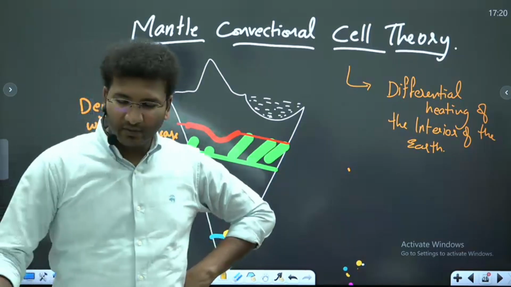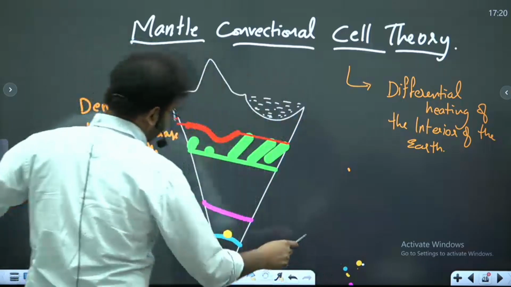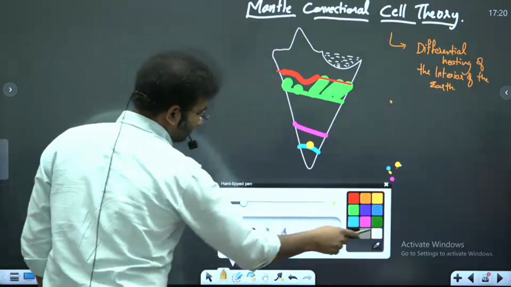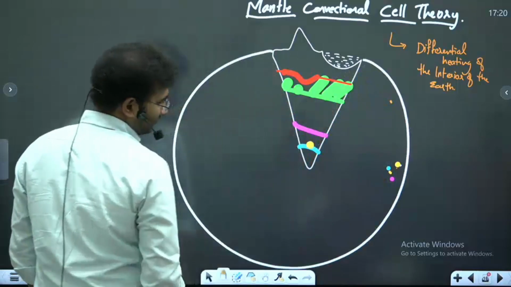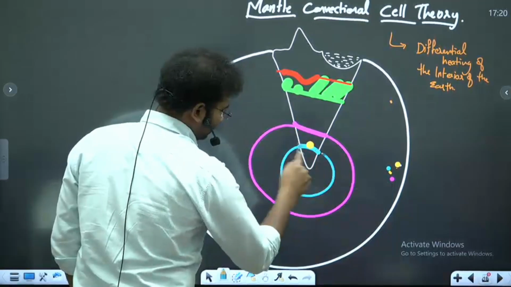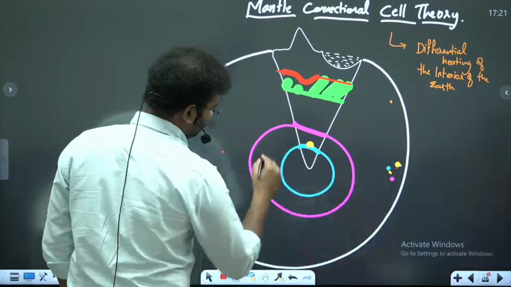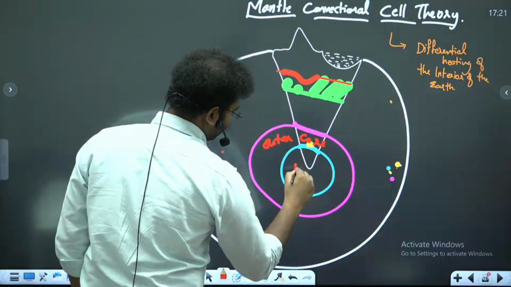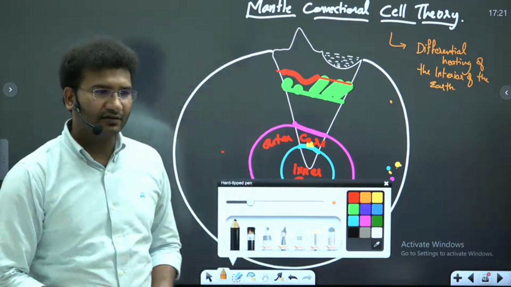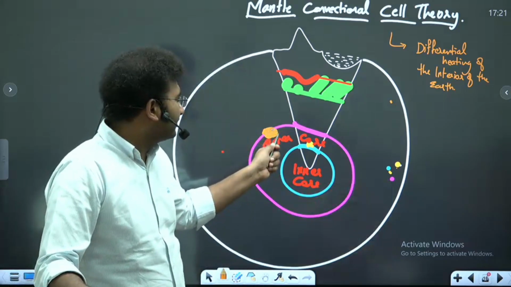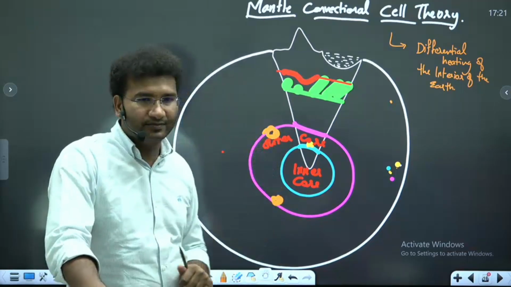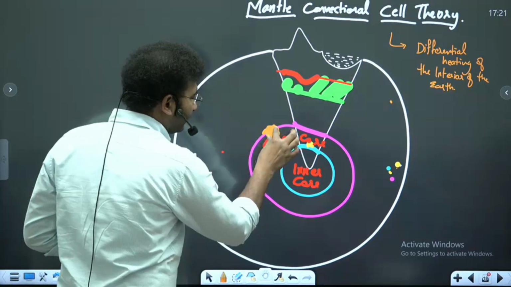Right? At times, if I take this diagram, sometimes within the interior of the earth there can be radioactive material present here, and this radioactive material at times can shift its position, or at times it can shrink in its size.